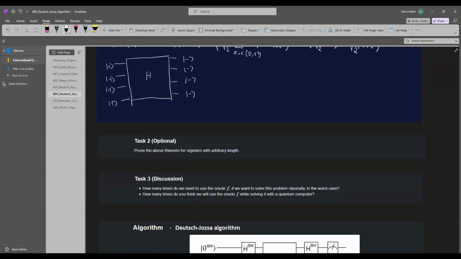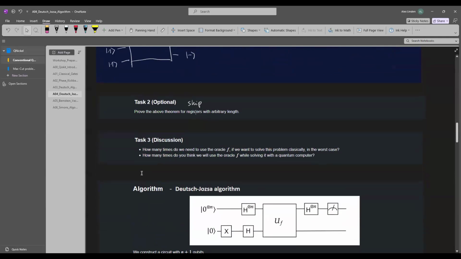Now, this task 2 we will skip. Now let's discuss some things. First of all, we have the problem before us. So how many times do we need to use the oracle if we're solving the problem classically, in the worst case?